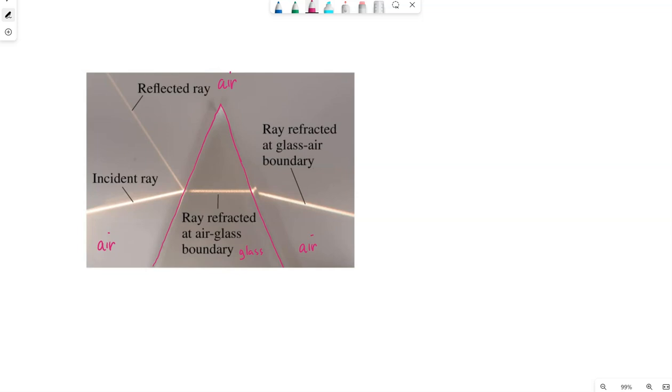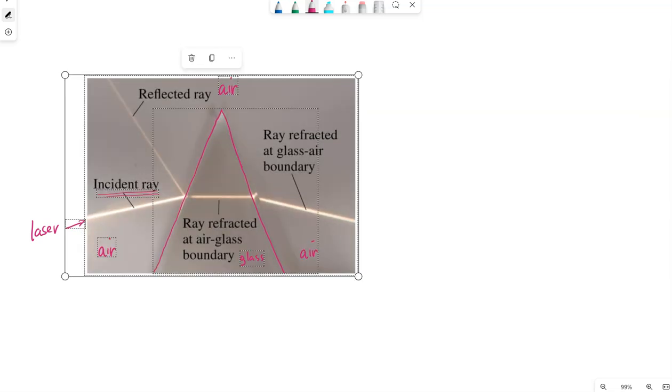So we have an incident light ray. Incident ray means the light that's incoming. So there's some sort of laser over here shining light in this direction.